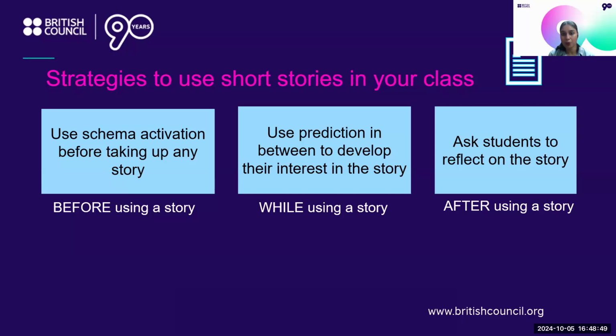Secondly, during the story, where we are using certain prediction skills just to develop the interest of our readers. And finally, after using a story, where we are aiming at the reflection part, where they can revisit the story and answer a few questions, where we can also check whether they have understood the story in a proper manner or not.